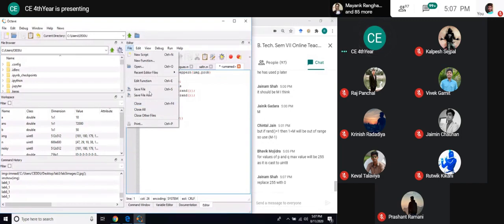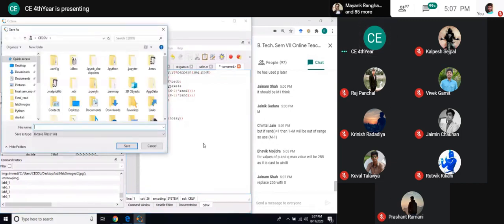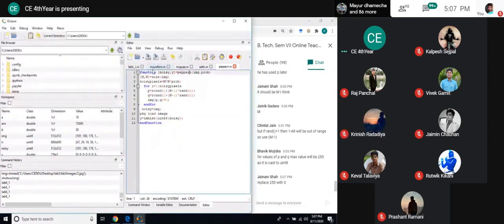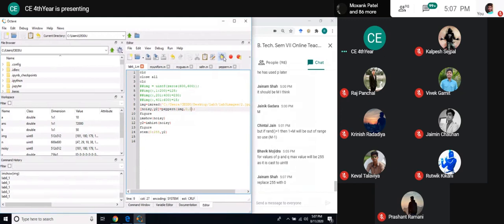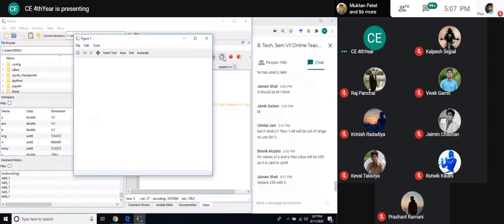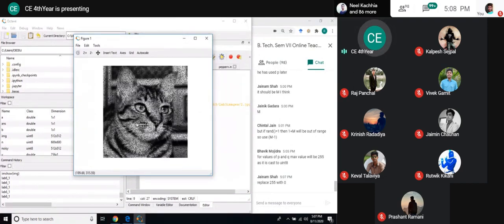Saving it, and I'm changing it here as well. Let us try. It should work. As expected, pepper noise is generated.